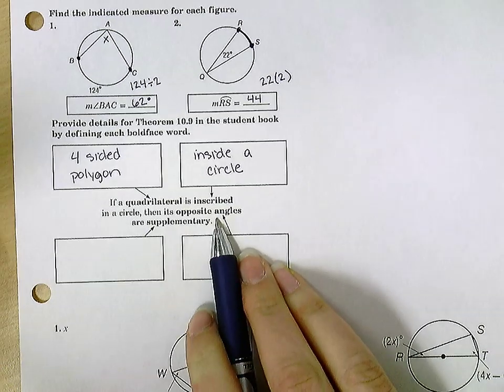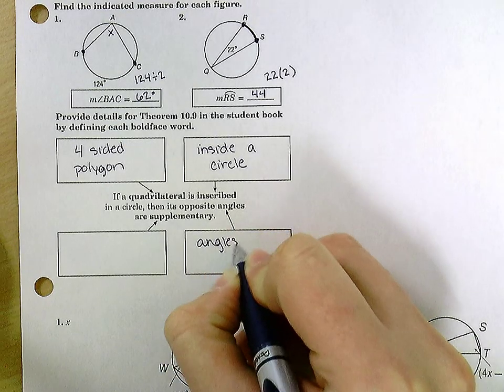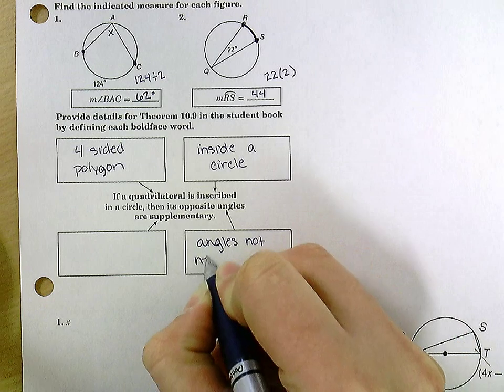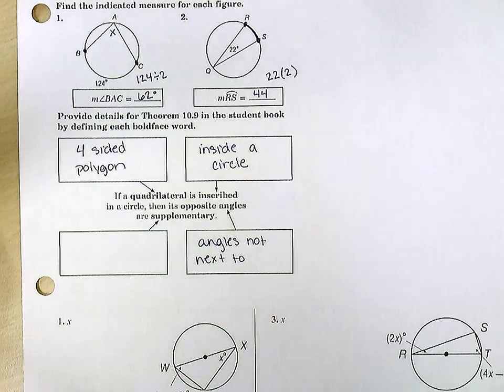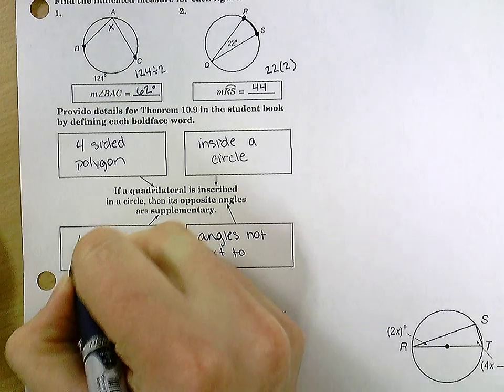Then it's opposite angles. So those are your angles not next to, or your angles that are across from each other. Okay, are supplementary. What does supplementary mean? Add to 180.